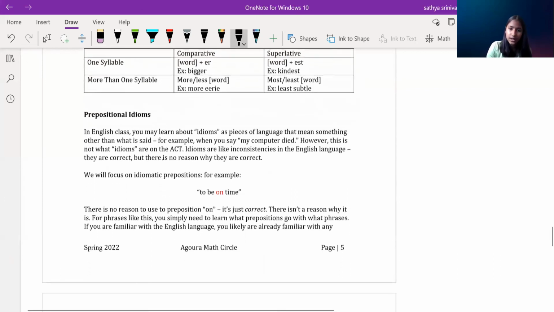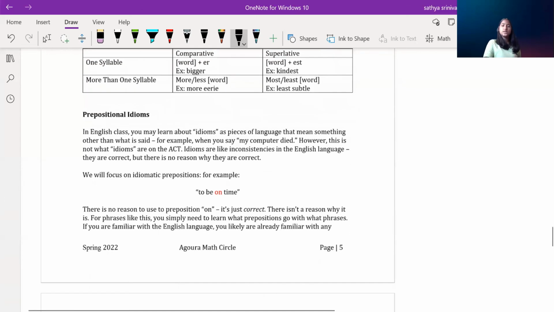And then prepositional idioms. Idioms are just pieces of language that mean something other than what is said, right? In grammar, there's no reason or explanation for it, but they're proper pieces of language that are in the language, but if we translated them to another language, they wouldn't make sense.